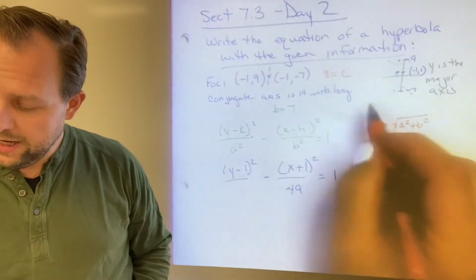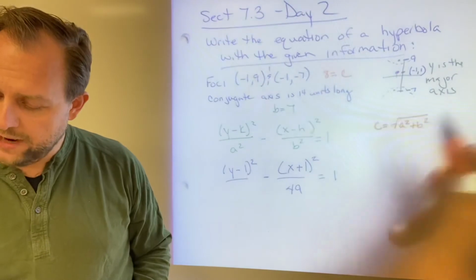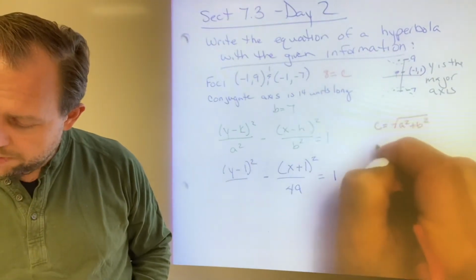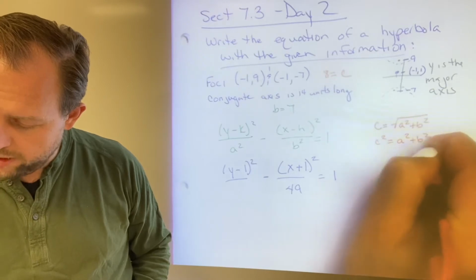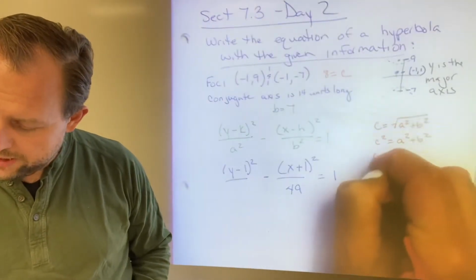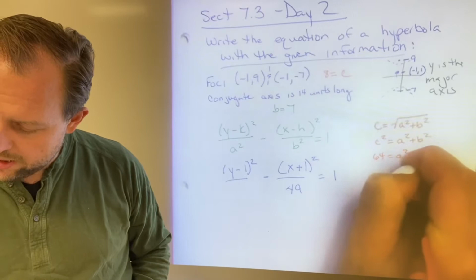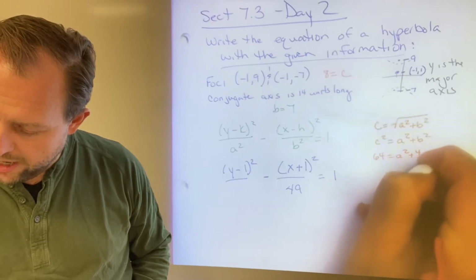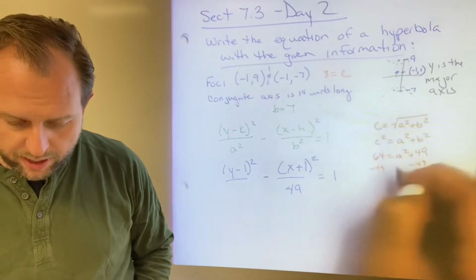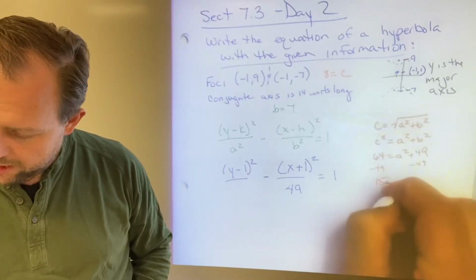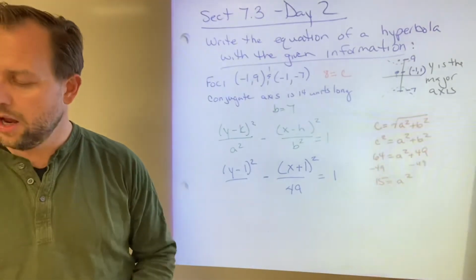So I have c, I have b, I need to find a. I square both sides. c squared equals a squared plus b squared. That means 64 is going to equal a squared plus 49. I subtract the 49 over, and I'm getting 15 equals a squared.